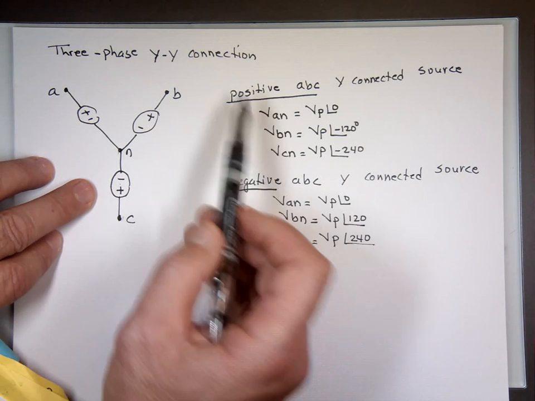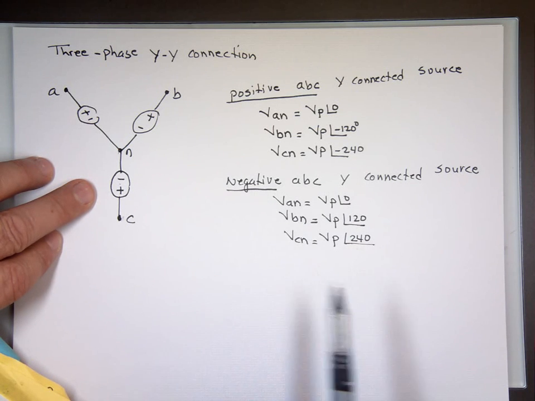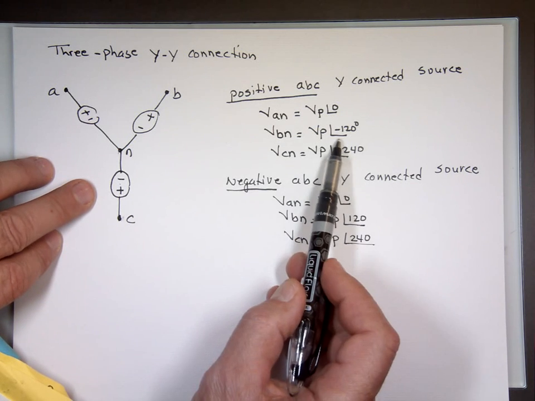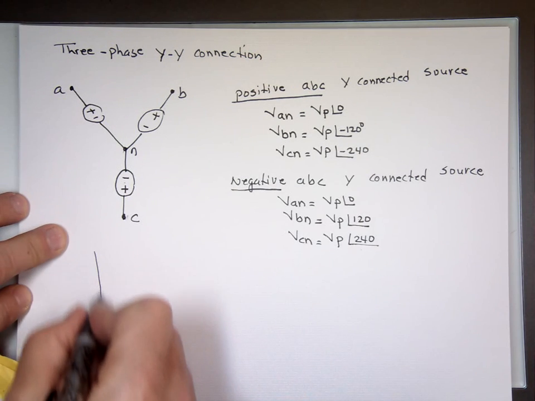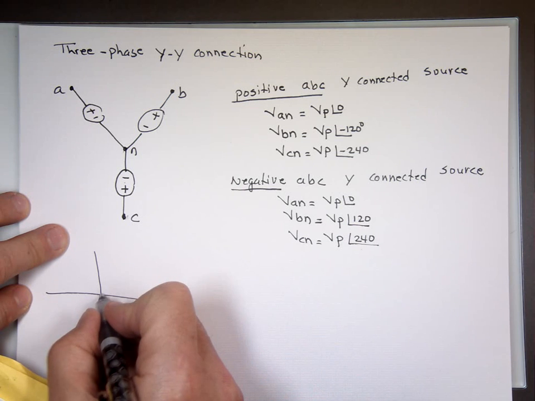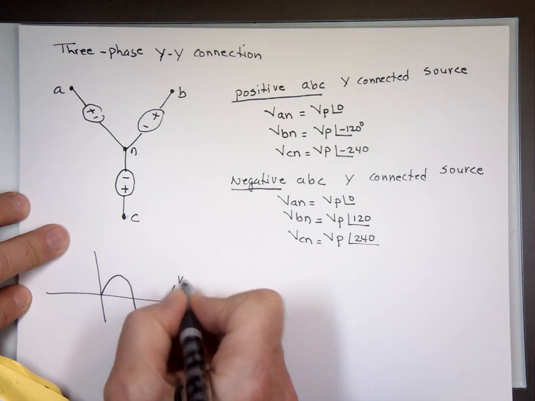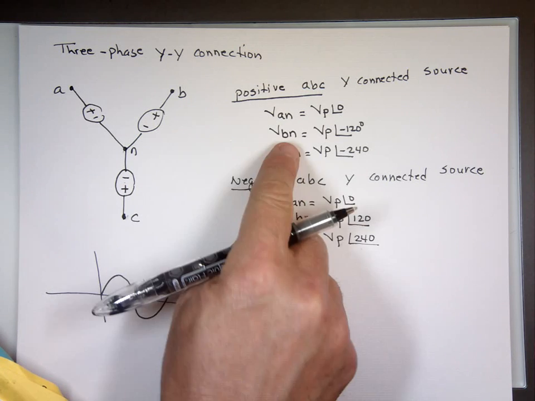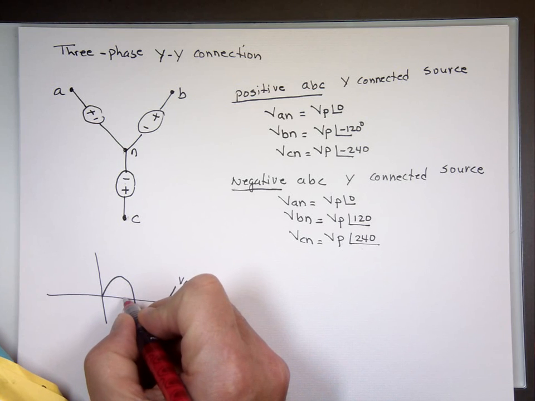So when it's a positive source, these are negative. When it's a negative, these are positive. Well, the reason they call them positive, when you have a negative 120, where do you start? Remember the shifting in math? You start 120 degrees where? On the right side. So for this one, if VAN looks like this, then VBN, since it started negative 120, a negative 120 is actually a phase shift in the positive X direction.